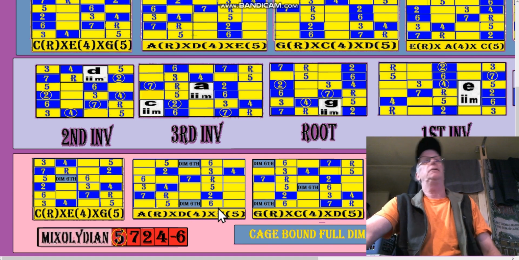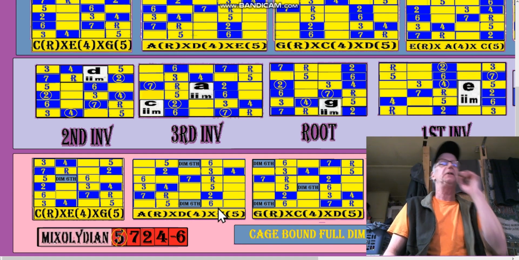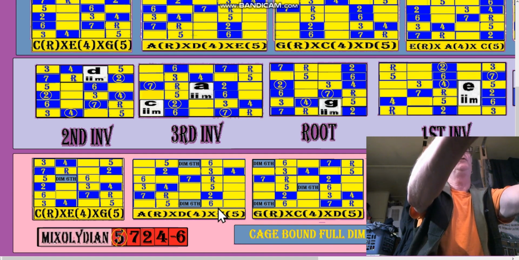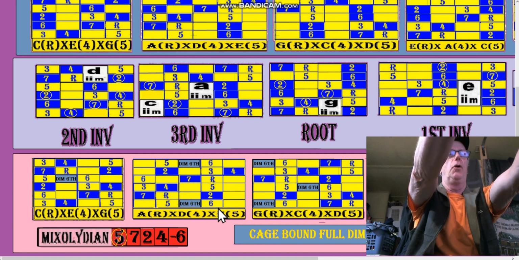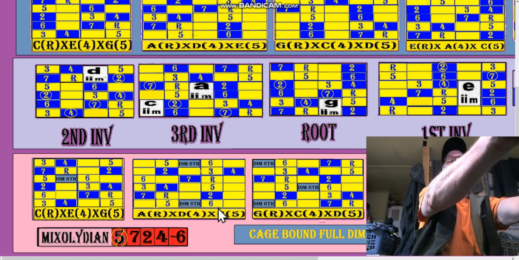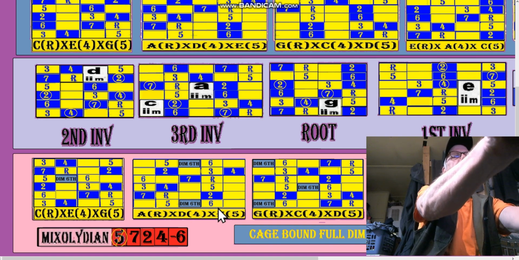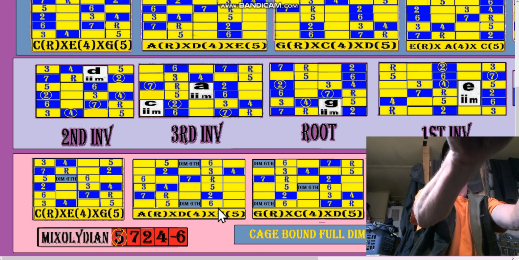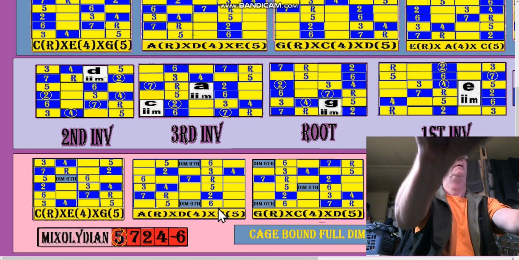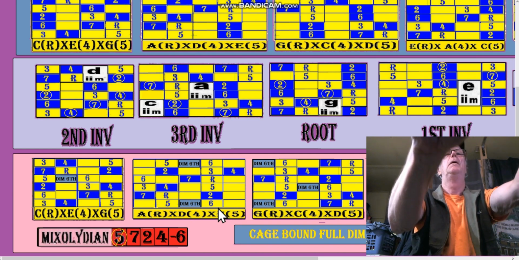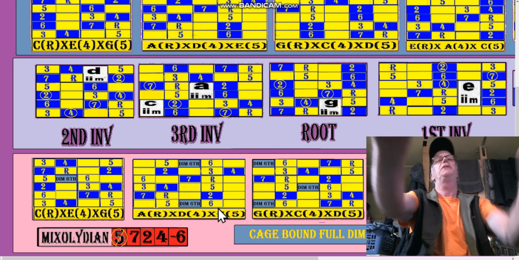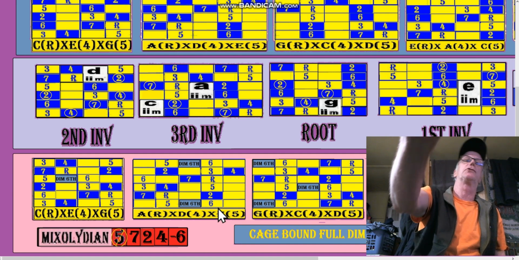Now there's an interesting thing that you can do, and that is if you play a full diminished chord, you can use it as a substitution for the Mixolydian dominant. It's almost like a little chromatic drop.